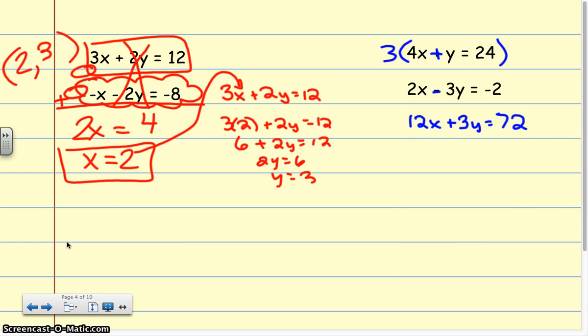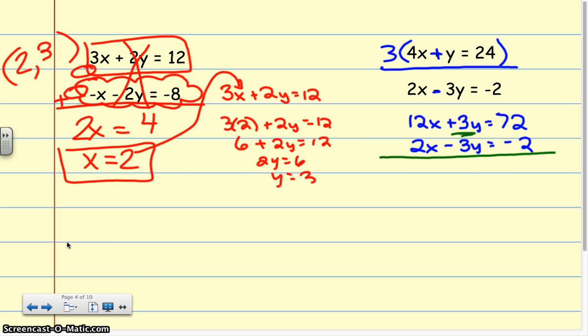Thank you. And then 2x minus 3y is negative 2. Now see what I did there. My purpose here was to get this to be a 3 so I can cancel it out. That's what we're going to have to do. Sometimes we're going to have to manipulate things a little bit so we can cancel out.